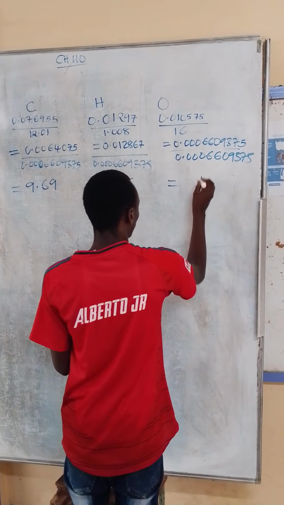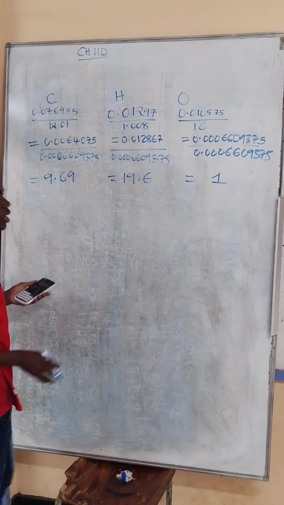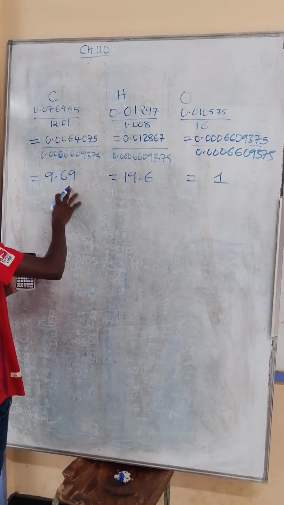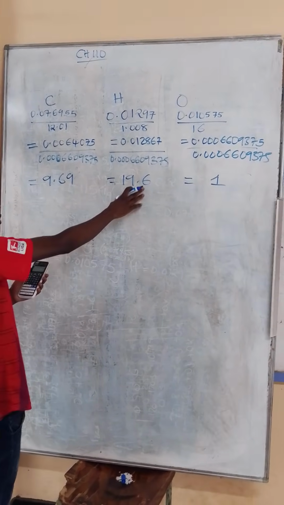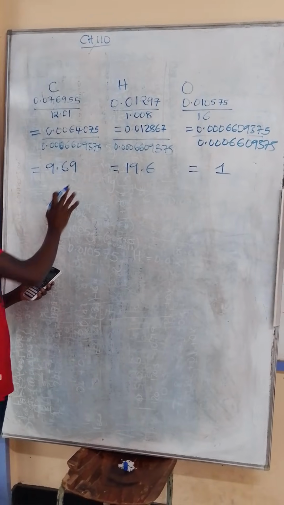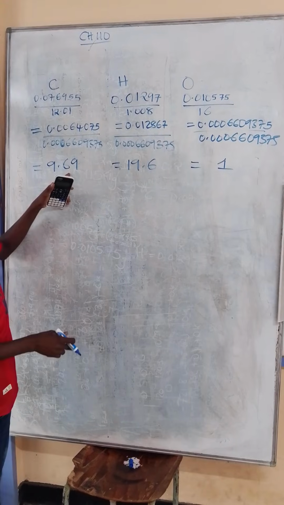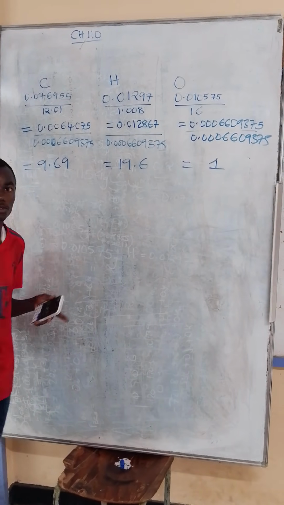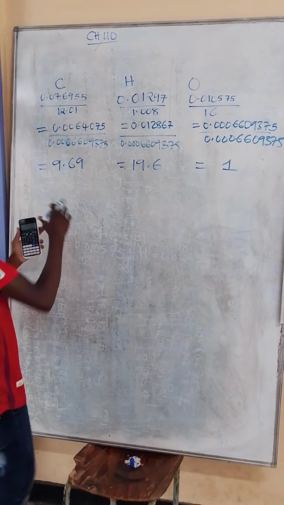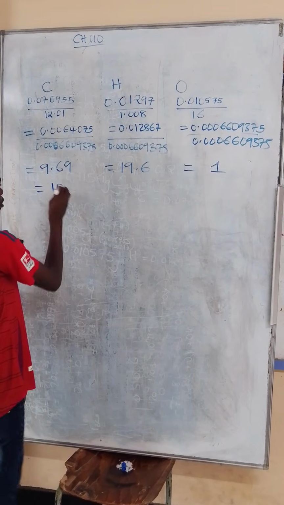So this is 9.6, 19.6, and 1. When you have a number greater than 5 after the decimal, you can round it off. But if it was, for example, 4, you would look for a number to multiply everything by so that it gives you a whole number. So when you round it off, this one gives us 10, this one 20, and this one remains 1.